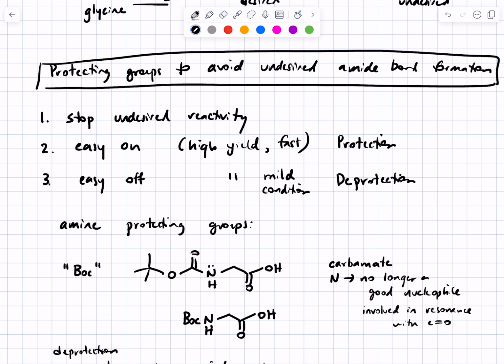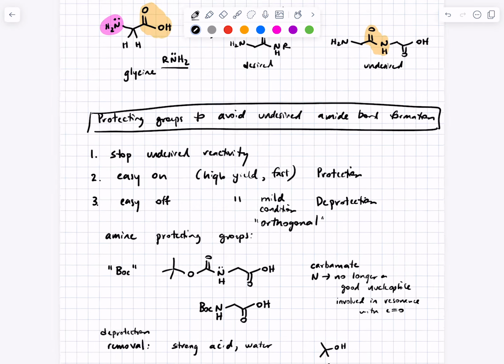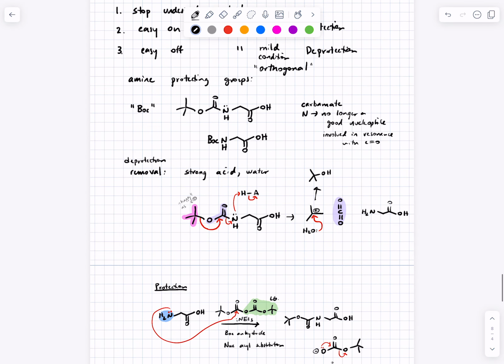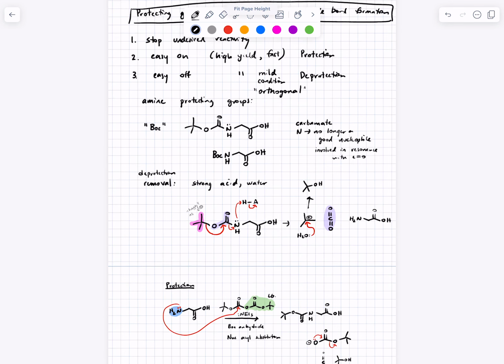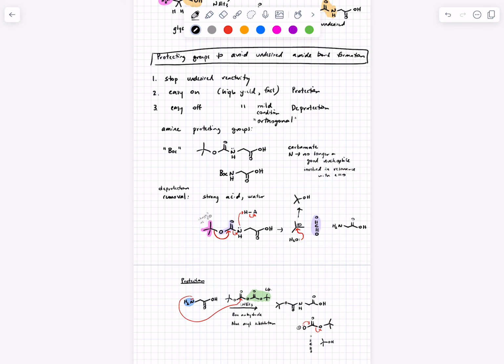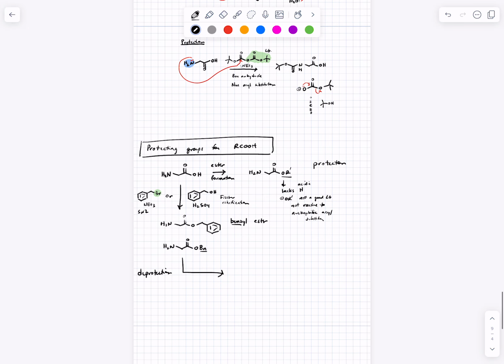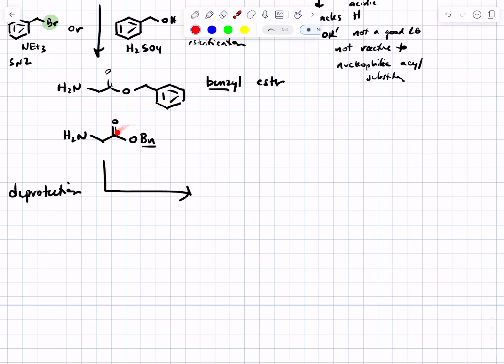And in particular, if we're going to have multiple kinds of protecting groups, we want to be able to remove one without messing with the other. So the protecting groups we choose to use, we want them to be what I'm going to call orthogonal, which means we want to use conditions for the carboxylic acid deprotection that aren't going to affect the amino group protection scheme. We don't want to mess with Boc while we're deprotecting the carboxylic acid. So another strategy you could use for ester removal is acid catalyzed hydrolysis.